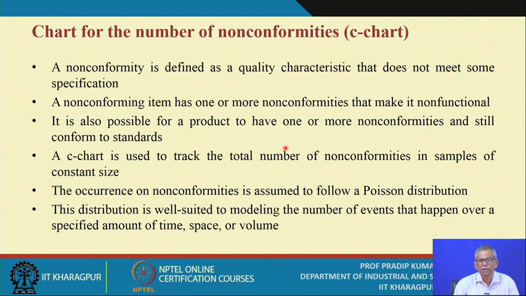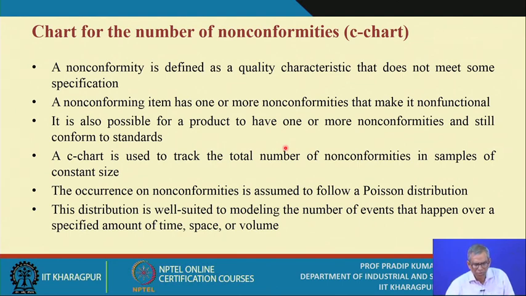Whereas if there are certain defects in other components, like the seating arrangements or the dashboard, and those defects do not affect the performance of the vehicle, then even if there are many defects or non-conformities, the product is never considered non-conforming or defective. There are many such instances you will find.